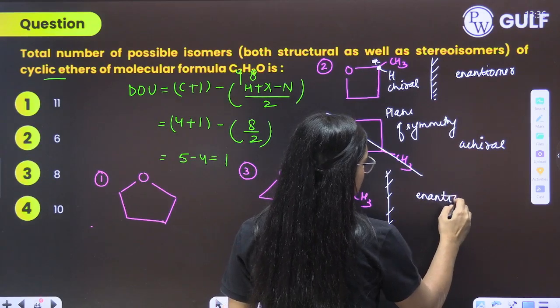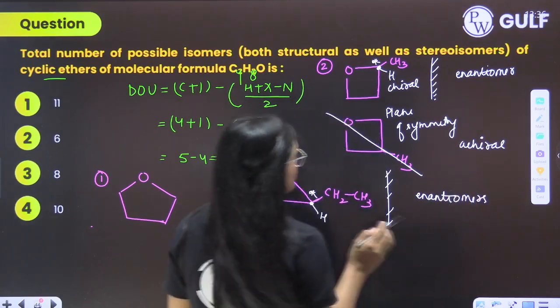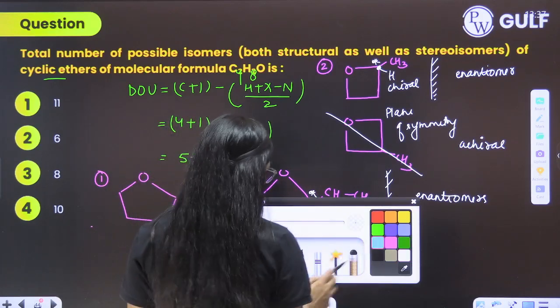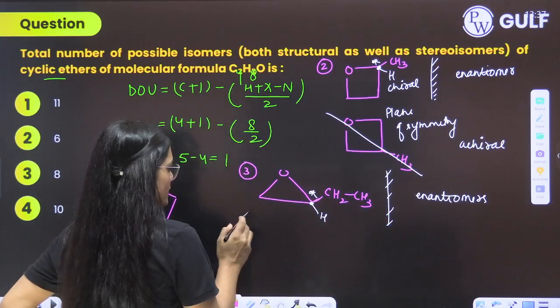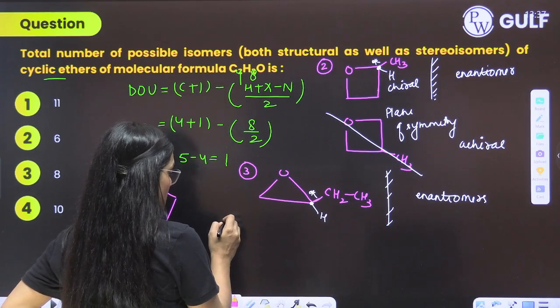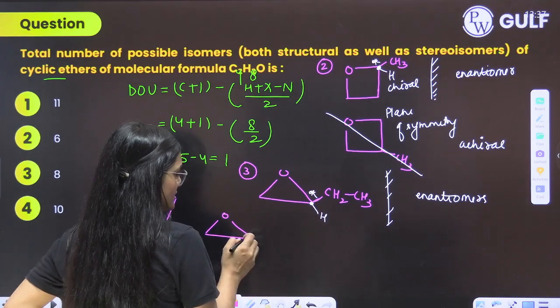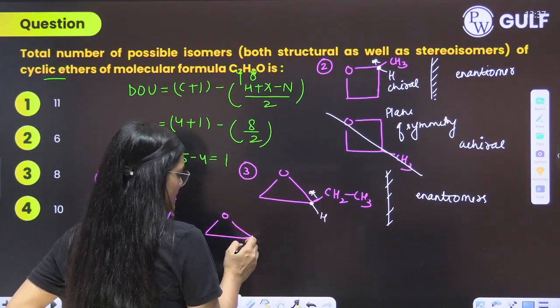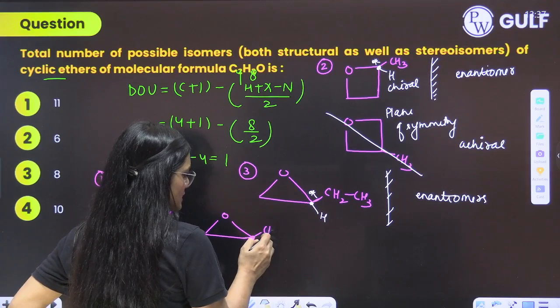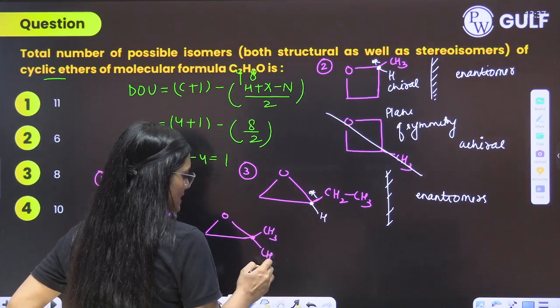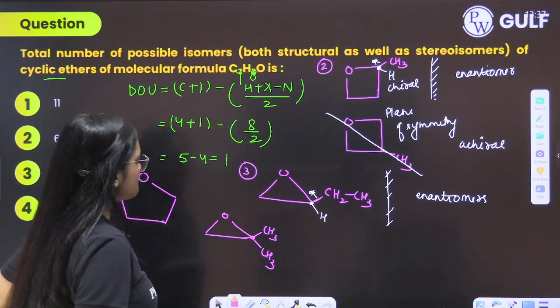Okay, this is one. Now in the 3-membered ring, I can attach 2 CH3s here, CH3 here and CH3 here. This is not chiral, so no enantiomer.